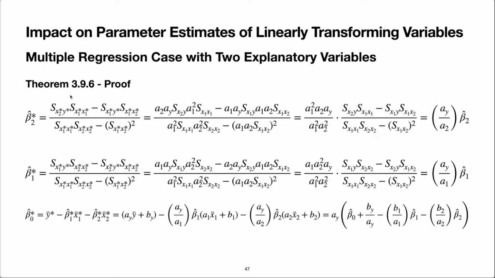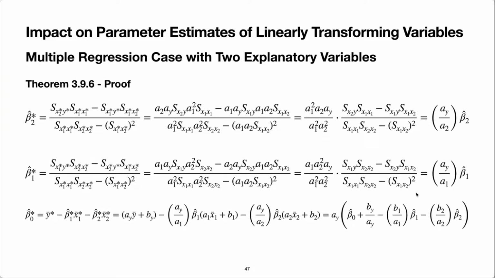Then we can substitute in the quantities these are equal to, expressed in terms of the corrected sums of squares and corrected sums of products for the untransformed variables. When we do that, we can factor out an a1 squared times a2 times ay on the top, and on the bottom we can factor out an a1 squared times a2 squared, and then we get some cancellation, and that turns out to be ay over a2 times beta 2 hat. We do a similar type of calculation here for beta 1 star hat.